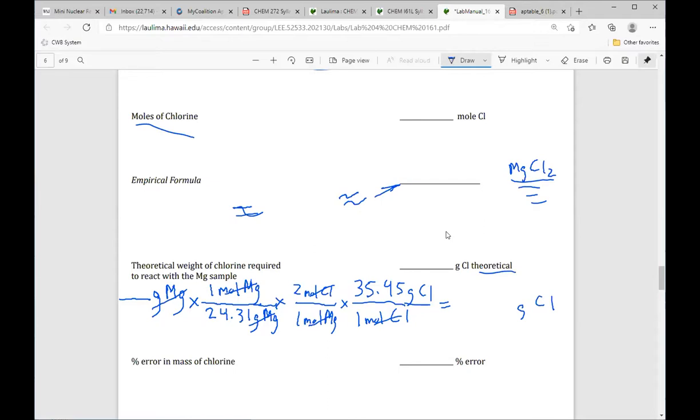And the percent error, I believe, is going to be the actual minus the theoretical divided by the theoretical. So these are masses, and then take that whole thing and multiply it by 100%.